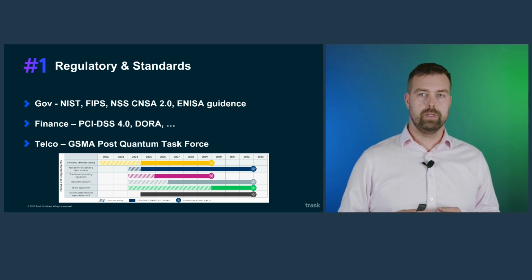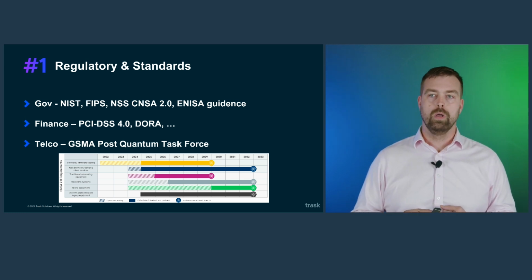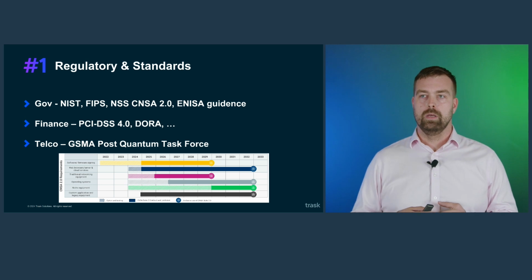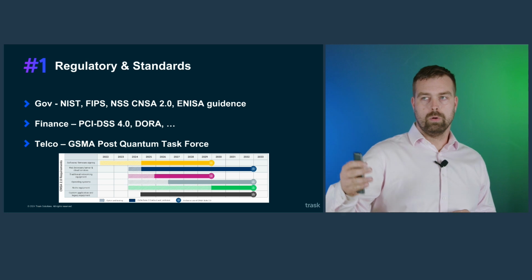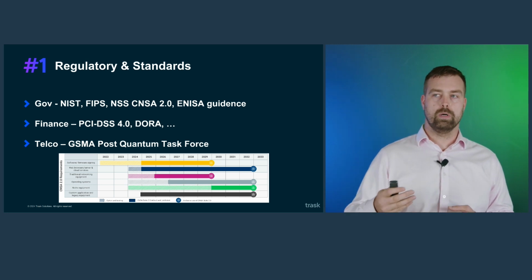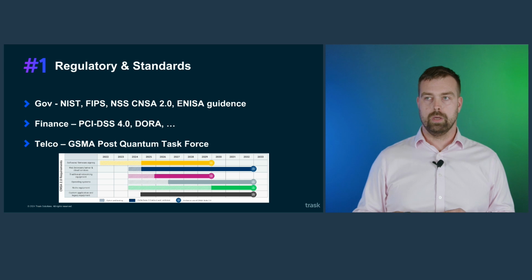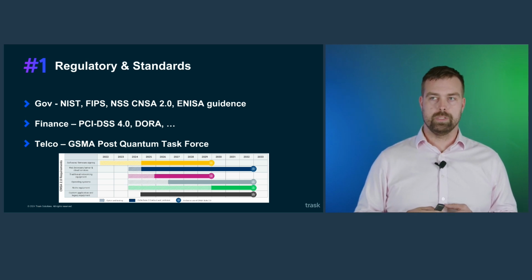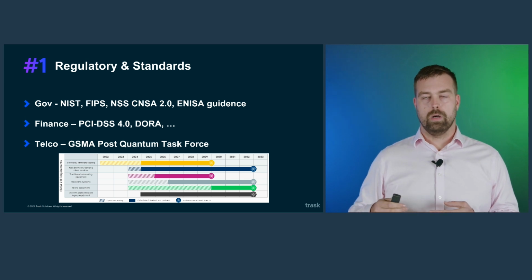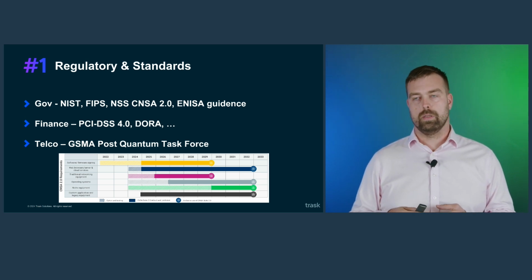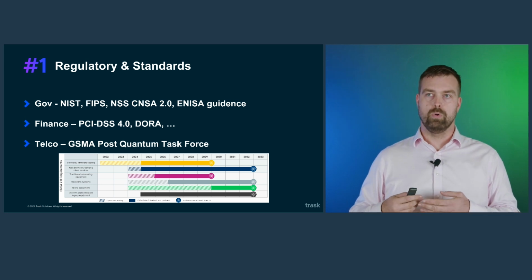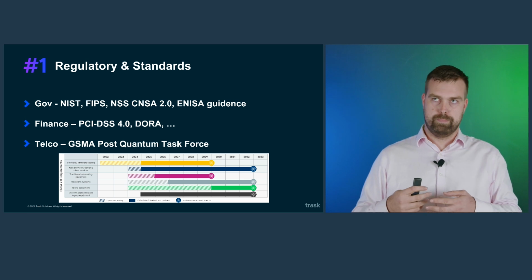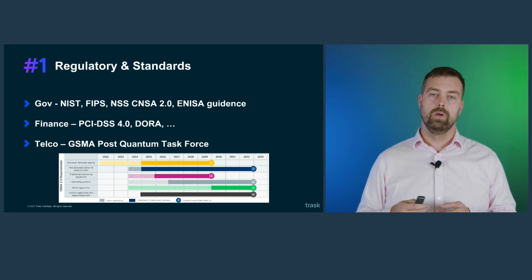As you can see here within CNSA 2.0, which is defined by NSA, there are various timelines, but overall we are talking about a horizon of 2032, which is really far away from today. That really means that we have a lot of time, but we have to start already, and where it's possible, really use what is already proven, or at least we are pretty sure will be safe for the future.